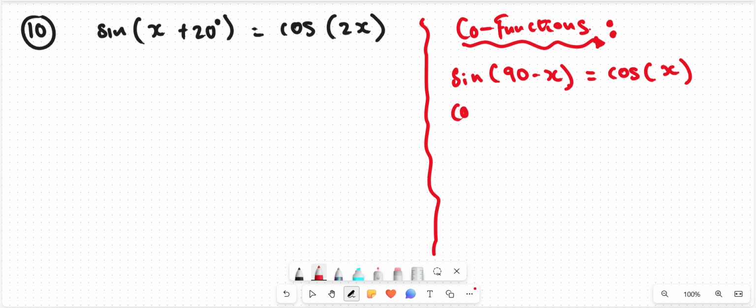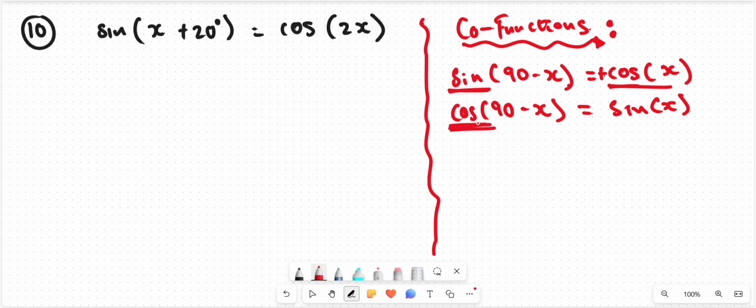And if I have the inverse, which is cos of 90 minus x, I can write it as a sine x. So these are all the ones that take you to quad number 1. Remember, if the sine is positive in quad number 1, the ratio is going to come out positive there. If the cos is positive in quad number 1, the ratio is going to come out positive there. So these are all speaking about the ones that go into quad number 1.